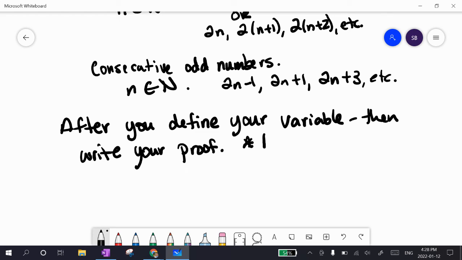This is the logic piece, okay? Be sure that you're using good mathematical logic. So if you add something to one side, you add it to the other side of the equation. You divide one side of the equation, you divide the whole other side of the equation. Okay? Good math skills there.